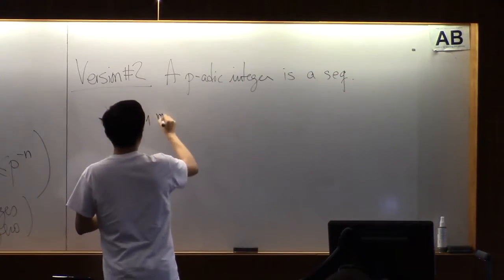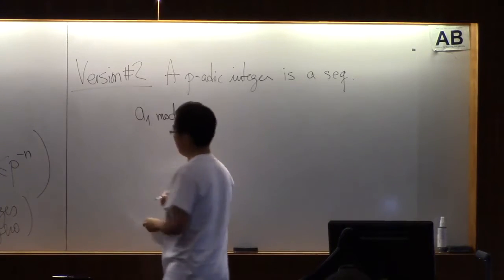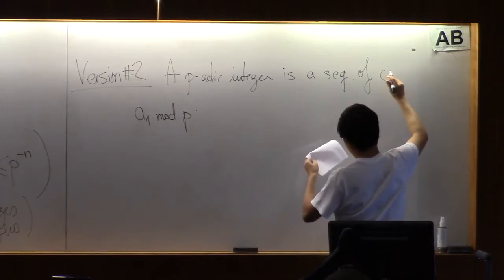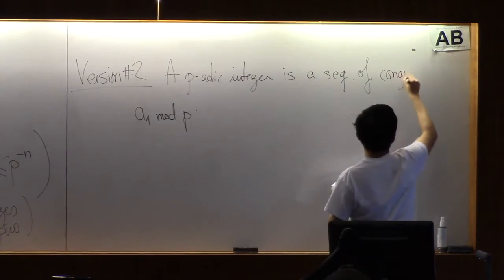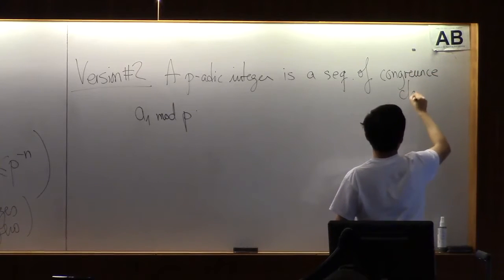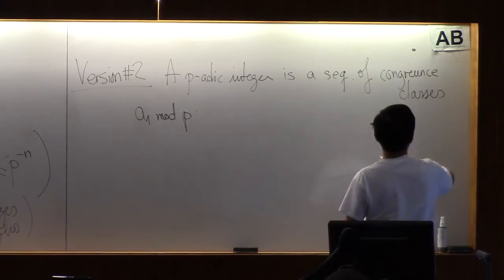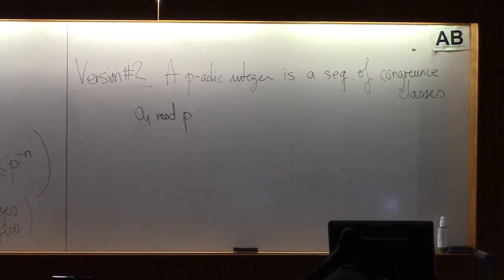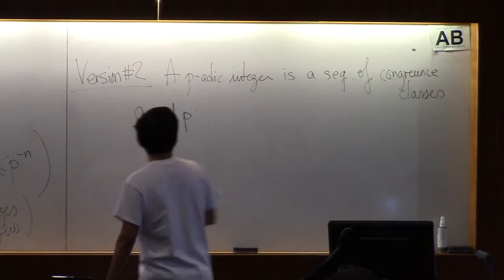So for a1, of congruence classes. For a1, I don't remember its integer value. I only remember what it looks like modulo p.